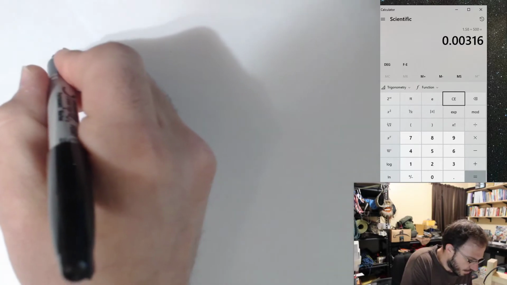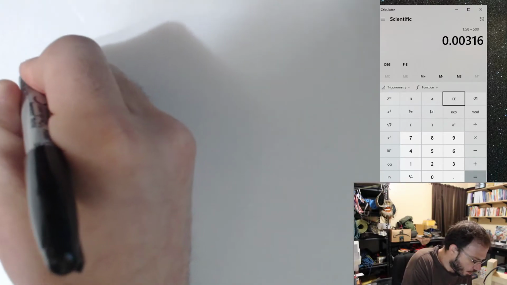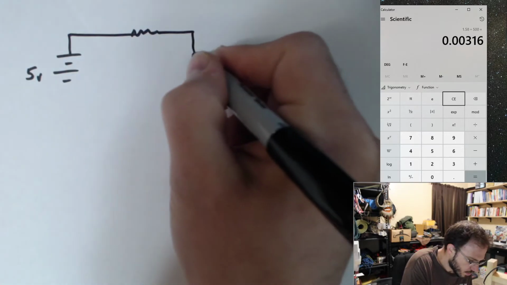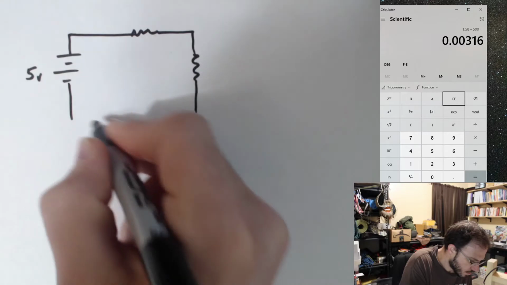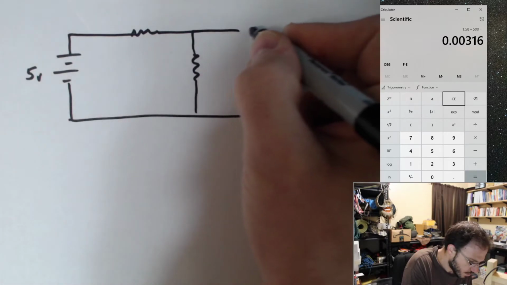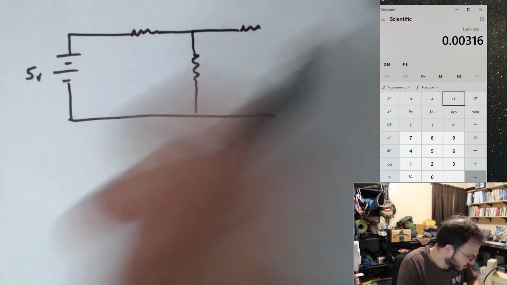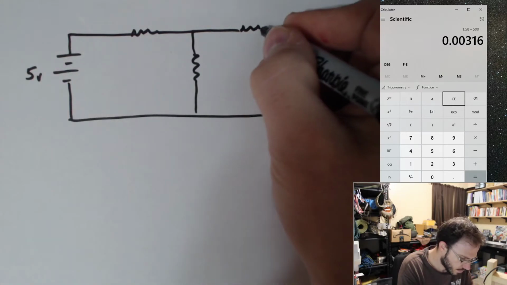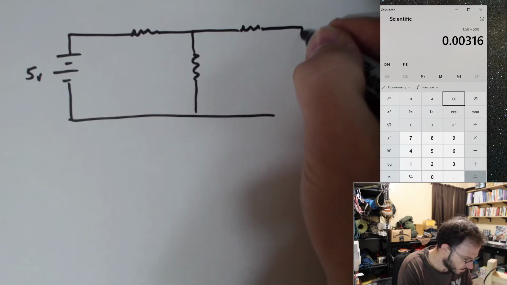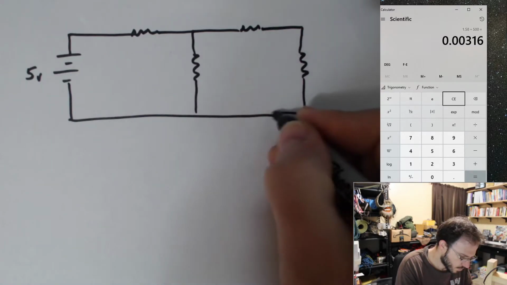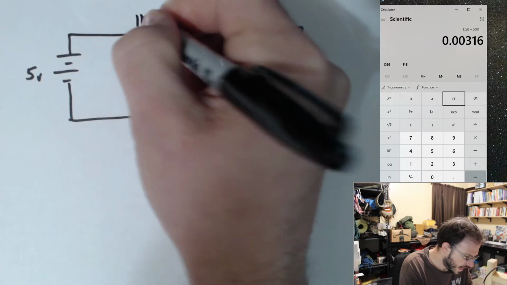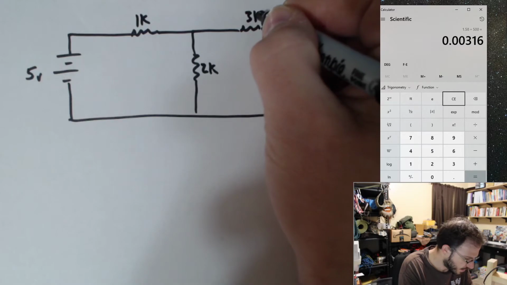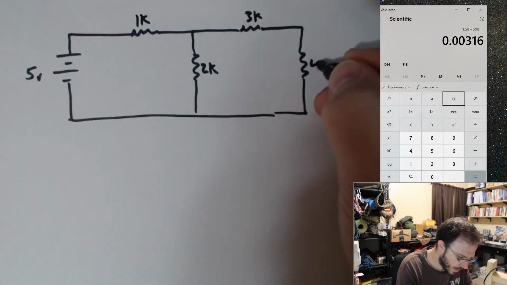Okay, I have, let's say, 5 volts and 1K, 2K, 3K, 4K.